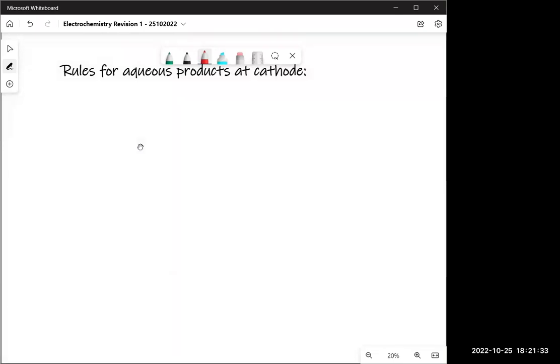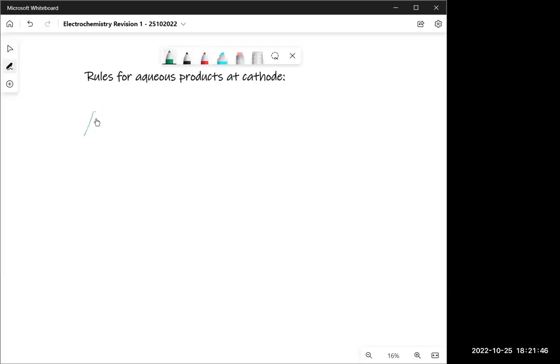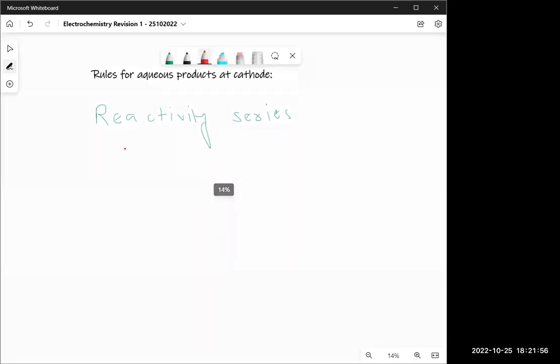Has anyone memorized it here? Have you memorized the reactivity series? The ones that you gave us, right? Yes, the reactivity series, the metals. Just the letters.